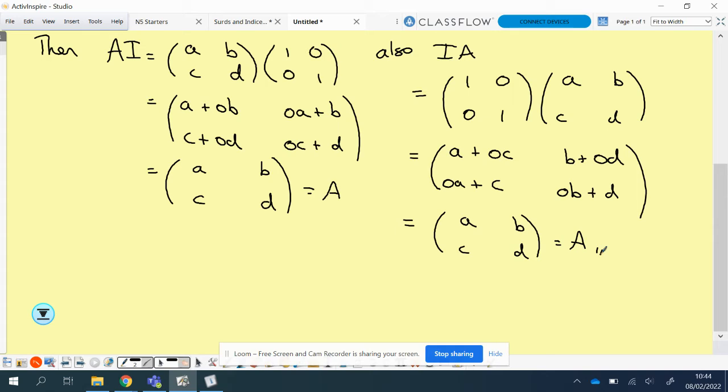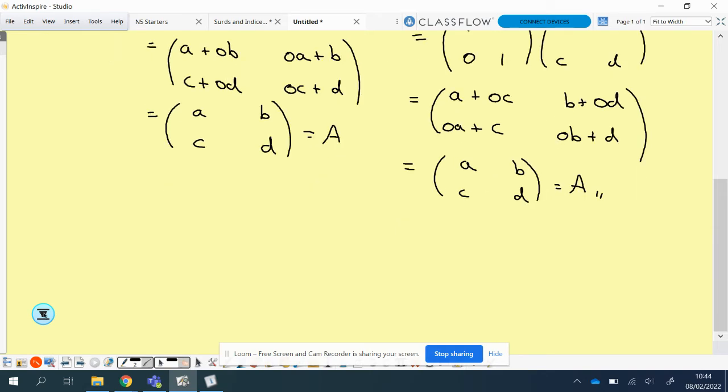So what we've just shown there is that it does have a very special property.